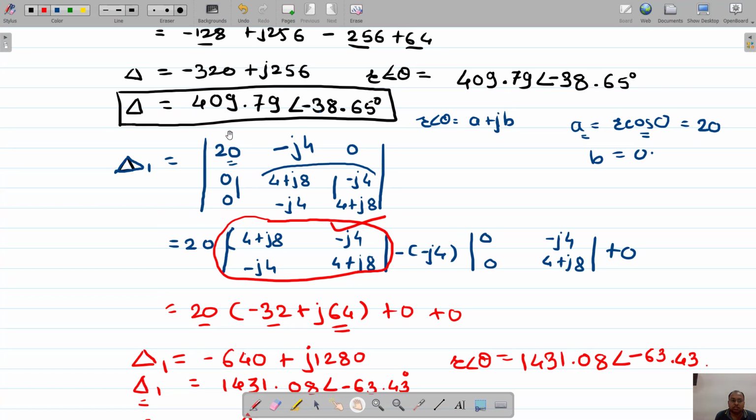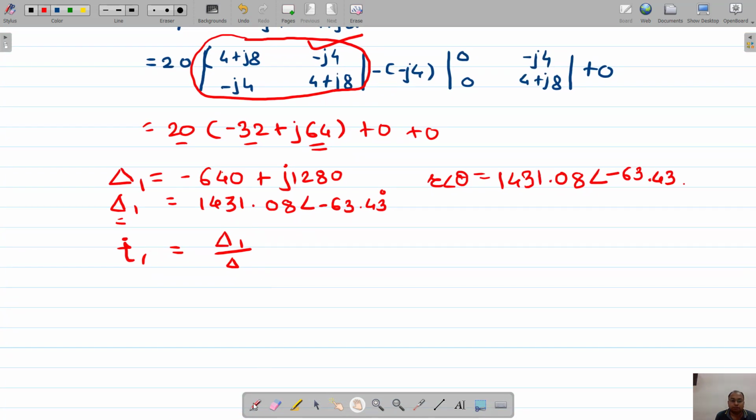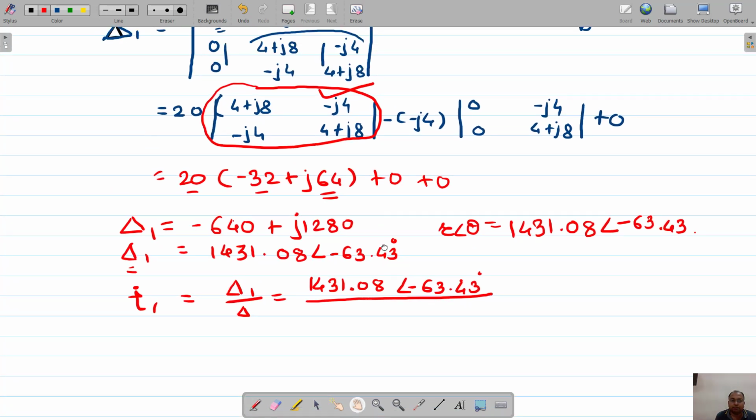So we have replaced this column by the constant term, and that's why it is going to give you the I1 value. Okay, fine. So delta 1 was nothing but 1431.08 angle minus 63.43 degrees, divided by, now recall the value that we have calculated for delta.